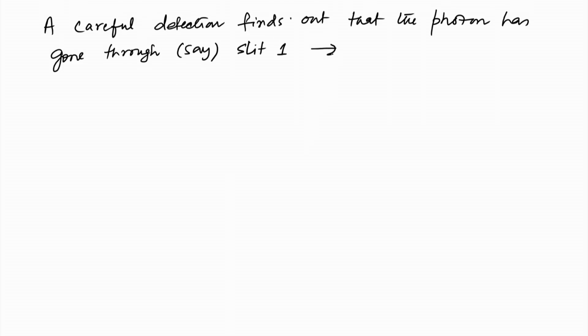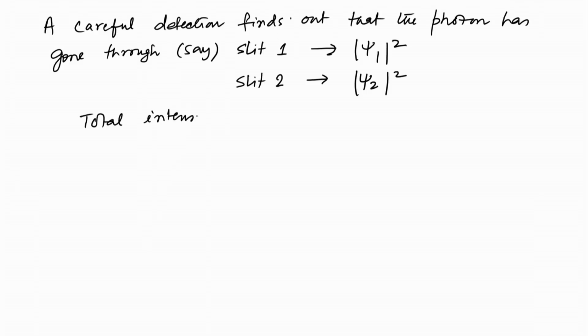Then the intensity would be proportional to psi 1 square, and on the other hand it can also go through slit 2, in which case the intensity of the pattern would be proportional to psi 2 square. So, the total intensity is proportional to psi 1 square plus psi 2 square, and there is no interference.